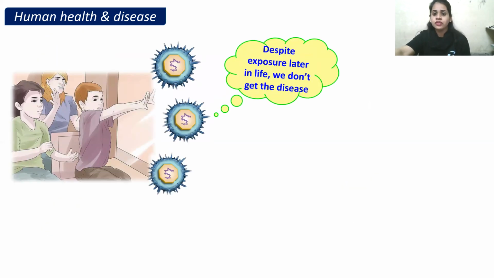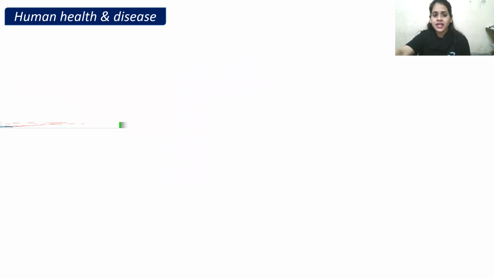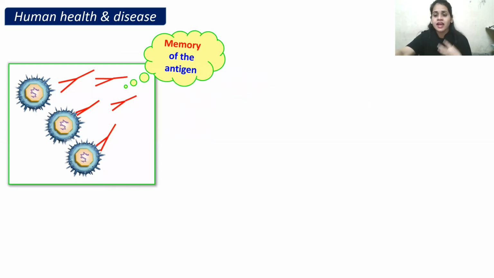Despite exposure to these pathogens later in life, we don't get the disease. And this is because our immune cells have an ability of storing it as a memory. So memory of that antigen gets stored when it had come in our body for the first time. Okay.